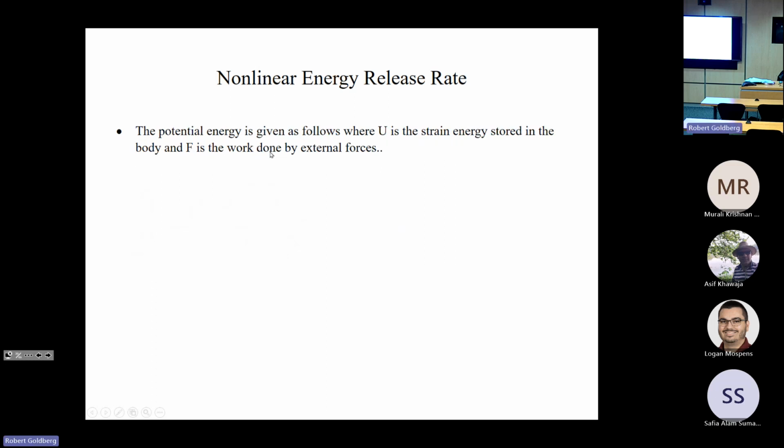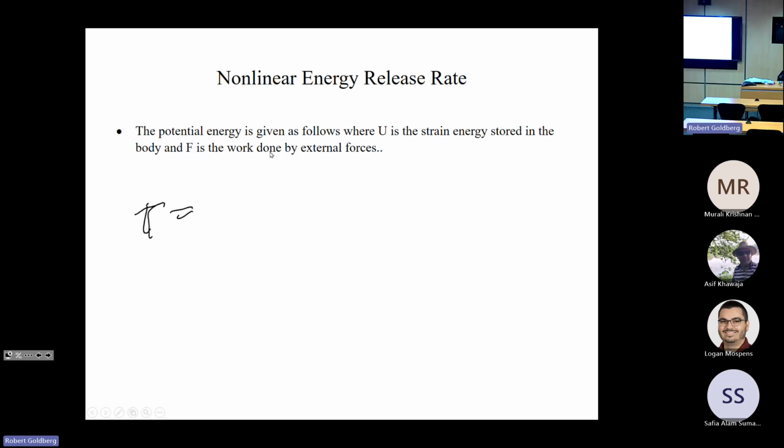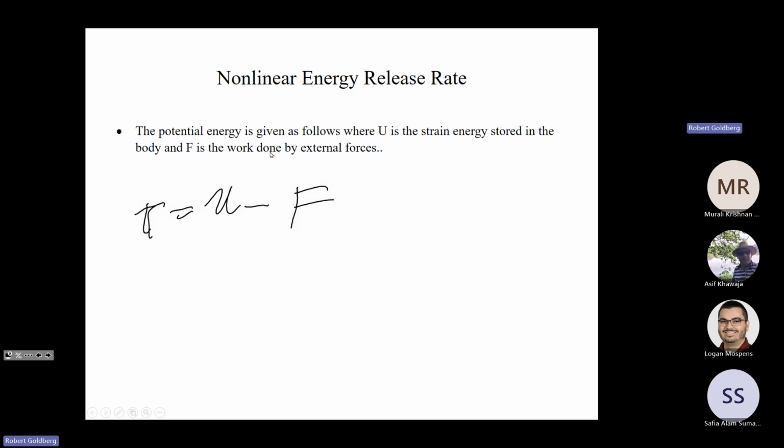The potential energy is given as follows: the potential energy is equal to the strain energy stored in the body minus the work done by external forces.